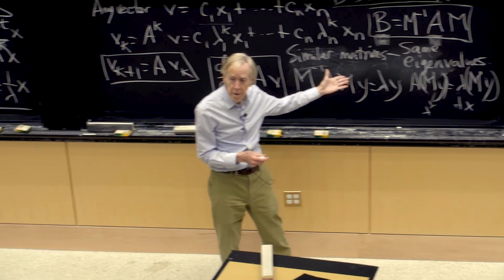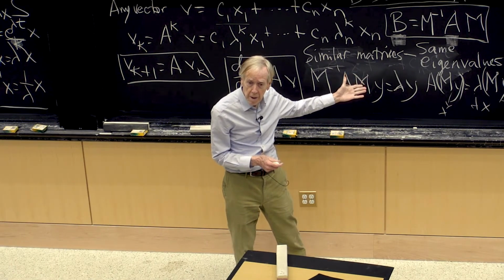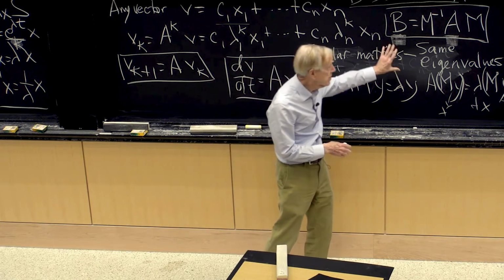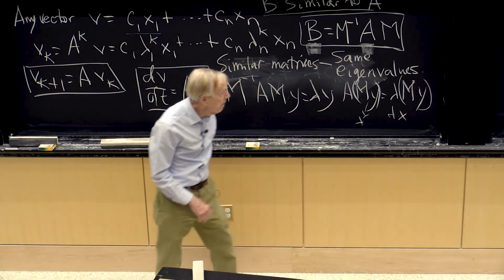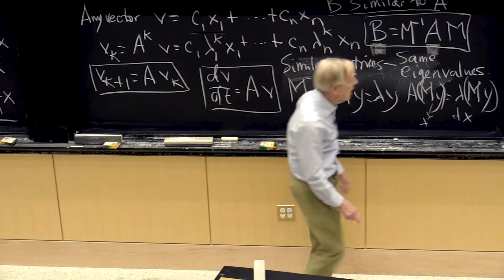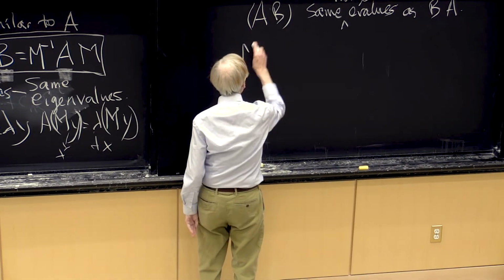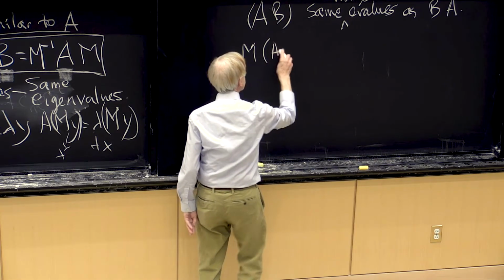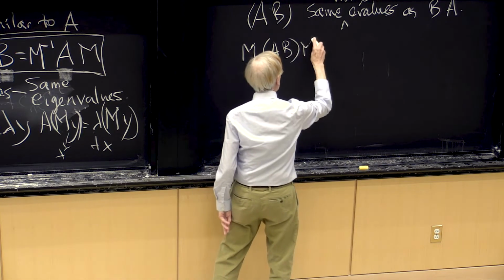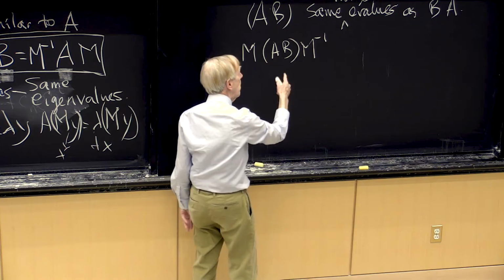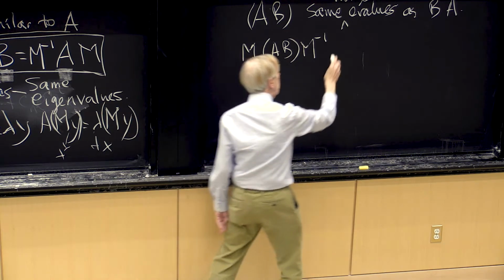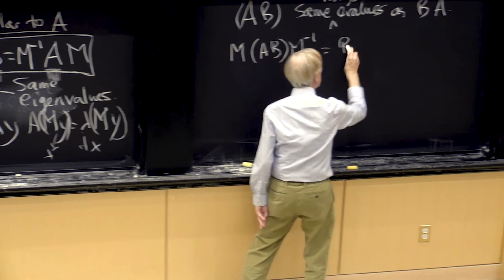Show that they are similar. I already said if they're similar. So is there an M that will connect this matrix, that will multiply this matrix that way? So that would be similar to AB. And can I produce BA then?